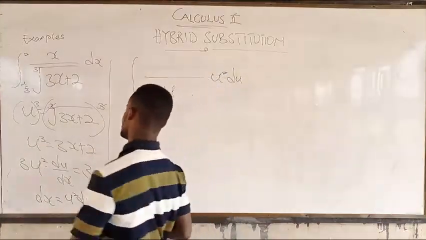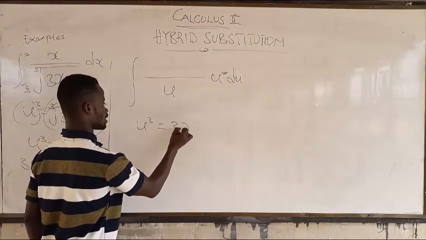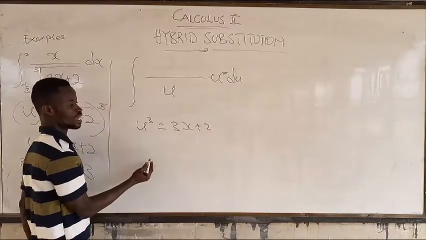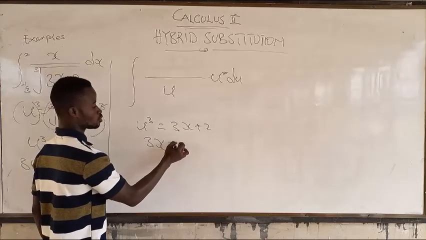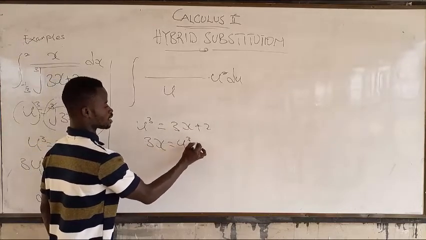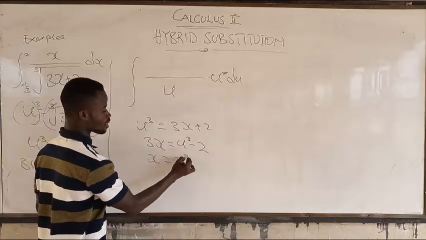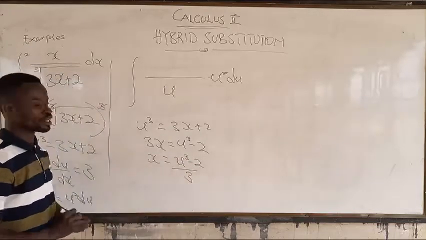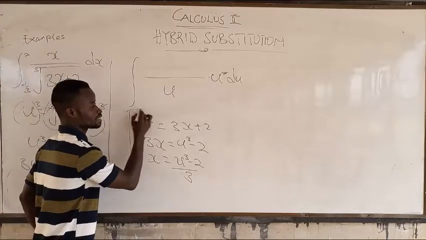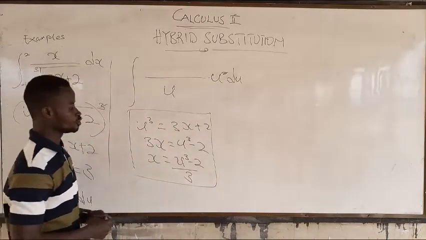If you know that u to the power 3 is equal to 3s plus 2, then 3s will be equal to u to the power 3 minus 2, and s will be equal to (u to the power 3 minus 2) over 3. I hope you can see that.